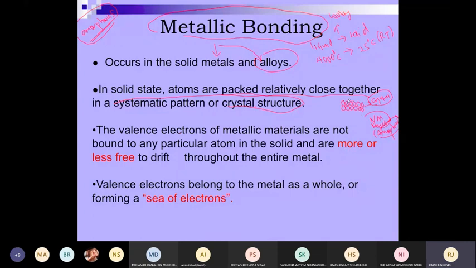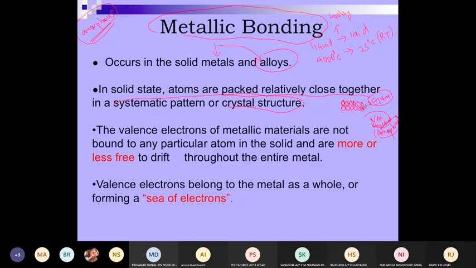Okay, so when the atoms are arranged in a well-ordered manner like this, there are electrons outside each of the atoms.